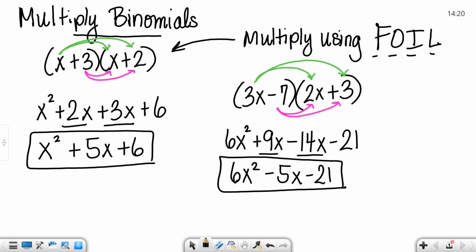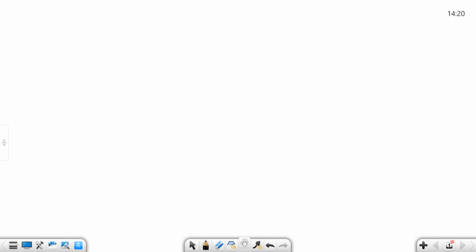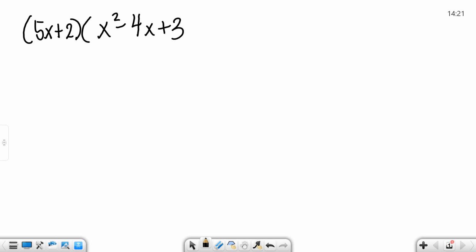Awesome. Now, these sometimes do get a little bit bigger. Let's say we were multiplying not just binomials. What if we have a binomial times a trinomial? This is where your work has to be really neat or it gets crazy on our paper. So we're going to multiply 5x plus 2, which is a binomial, times x squared minus 4x plus 3.